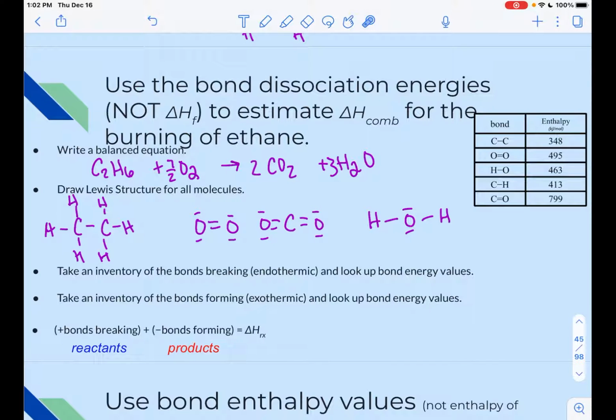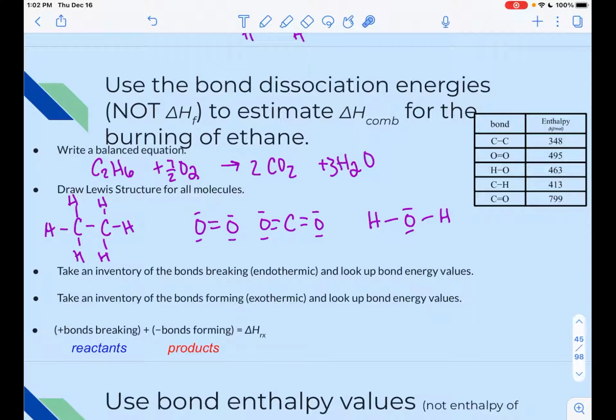Either one is fine. All right. So now we're going to take an inventory of the bonds breaking, which we know is an endothermic process because we require energy to break bonds. So the bonds breaking will be the reactants. And then the bonds that are forming are going to be exothermic.